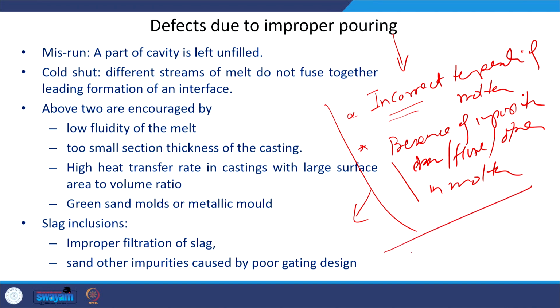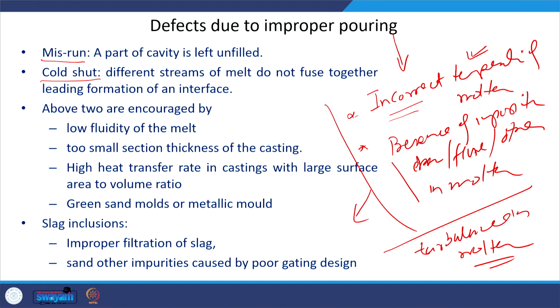The second aspect is how turbulent flow takes place due to the turbulence in the molten metal. So, this is another aspect. Especially the incorrect temperature causes multiple problems. For example, misrun and cold shut are the two main problems caused by the incorrect temperature of the molten metal, or any other factor which cools the molten metal very rapidly will promote misrun and cold shut.